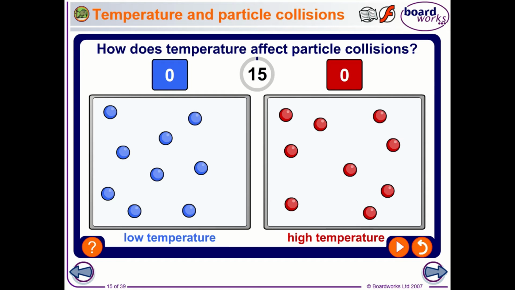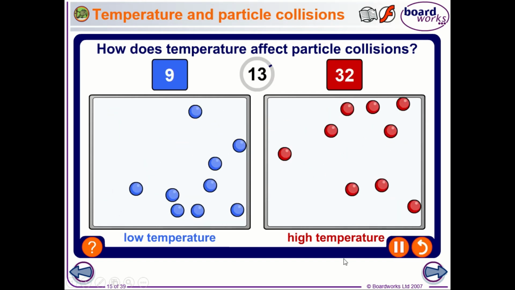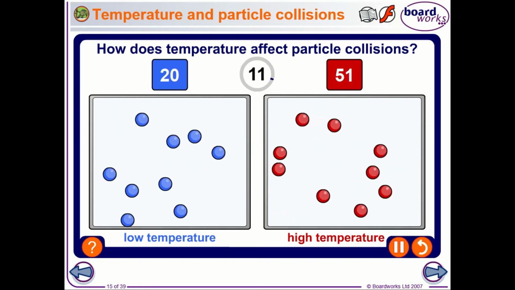How does temperature affect particle collision? So dito naman, high temperature, dito low temperature. Remember, temperature, kapag nag-increase, i-increase din ang kanilang speed, i-increase ang kanilang energy, kaya mas bibilis ang kanilang movement. Mas mababa ang temperature, mas mabagal ang movement kasi mababa ang kanilang energy. So based on the animation, what can you say about particle collision?